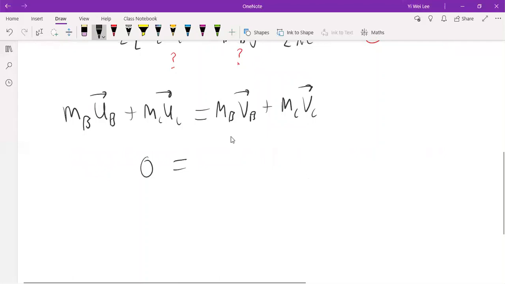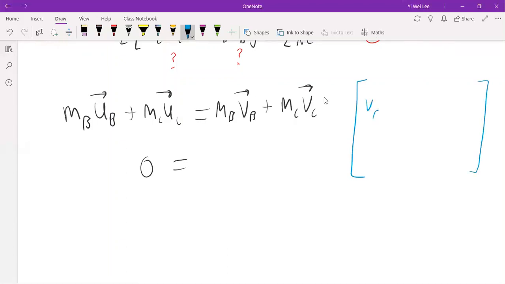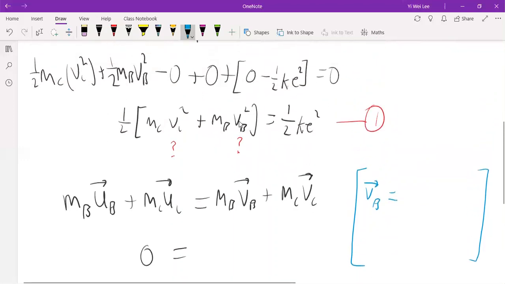Now what is VB? We need to establish some boundary for VB first, right? So VB is the magnitude of the velocity of B, which is equal to the speed of B. In other words, the speed is basically the magnitude of the velocity component.